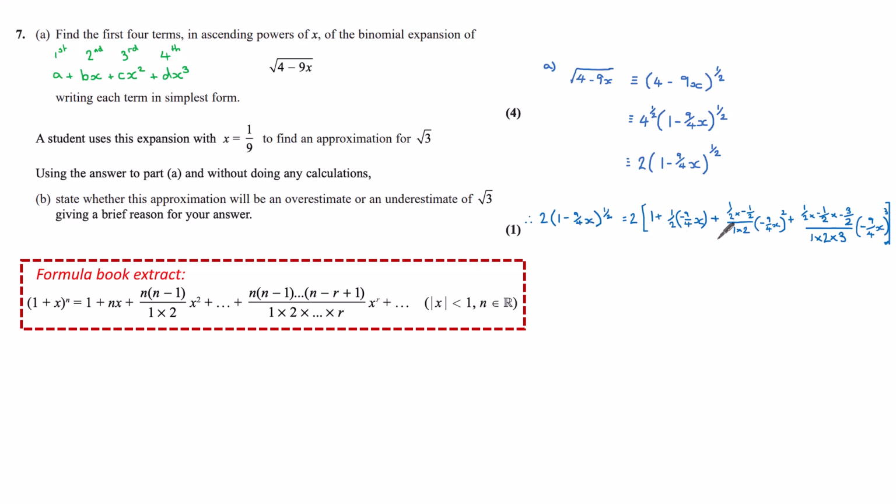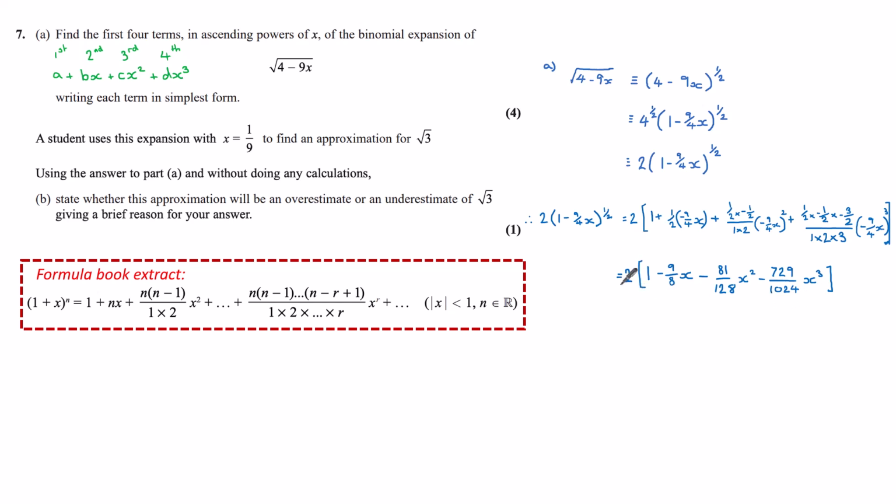You'll see in brackets here, it's the negative of 9 quarter x, all squared, and the negative of 9 quarter x, all cubed. It's important we make these correct substitutions. Using your calculator or otherwise, we can simplify each of these terms to give us 1 minus 9 over 8x minus 81 over 128x squared minus 729 over 1024 x cubed.